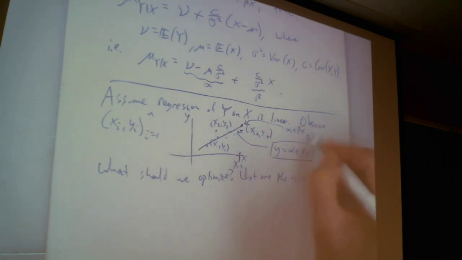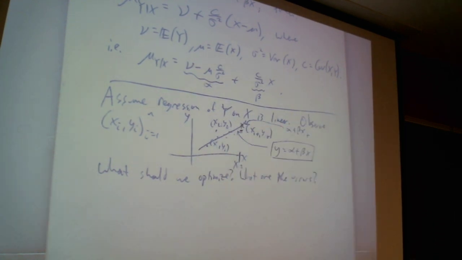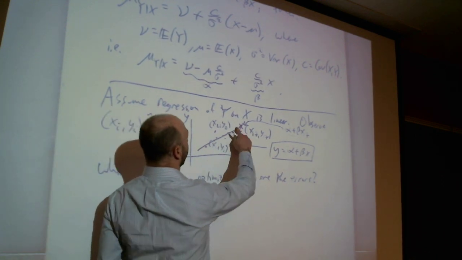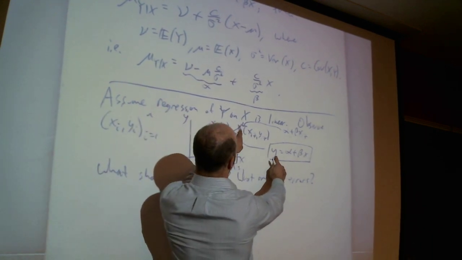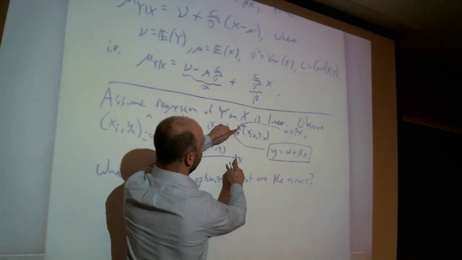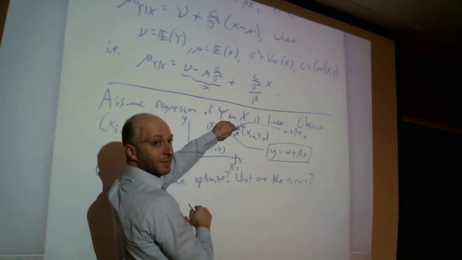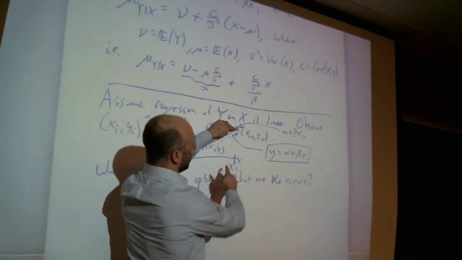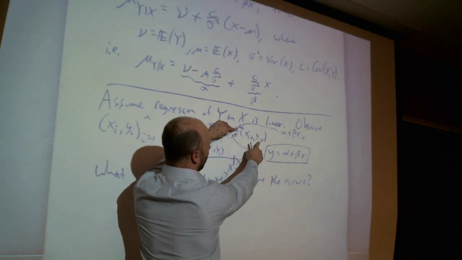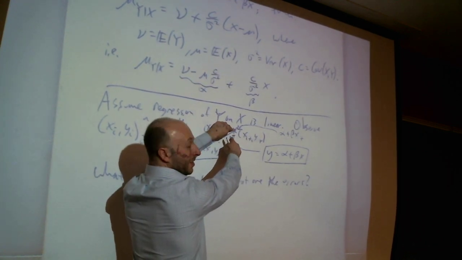That should be the value of y. Does everybody see that? This place on the line is the y value when x is equal to x17. But that's not what the y value is. The y value is y17. So that's an error.